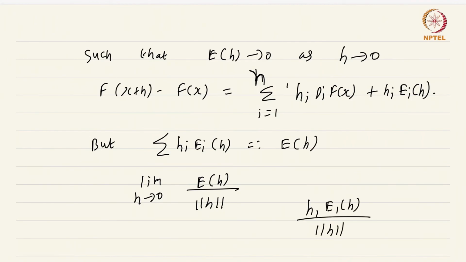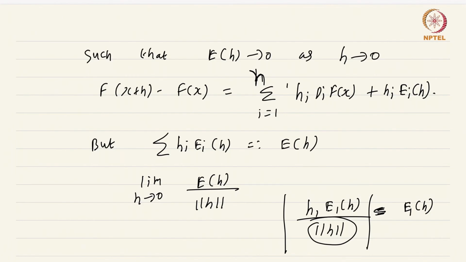Okay, but we know that norm h would be greater than or equal to modulus of h_1, so if you want to take the modulus of this, no need to take the norm, this is just a real valued thing, just take the modulus of this. This is going to be less than or equal to modulus of e_1(h), because modulus of h_1 is less than or equal to norm h.